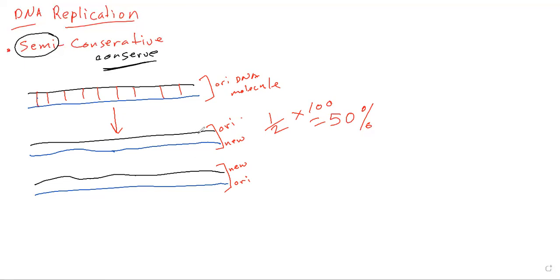DNA replication is semi-conservative because half of the information is being retained. From the original DNA molecule, only one strand is retained, and this one is the new strand. That is why we say it is semi-conservative.